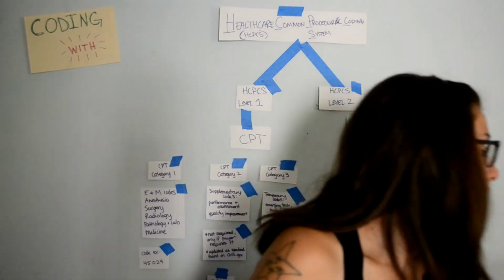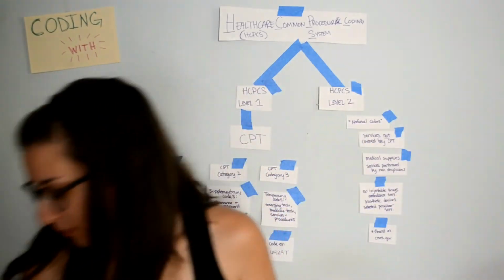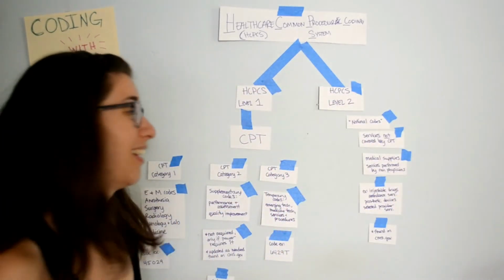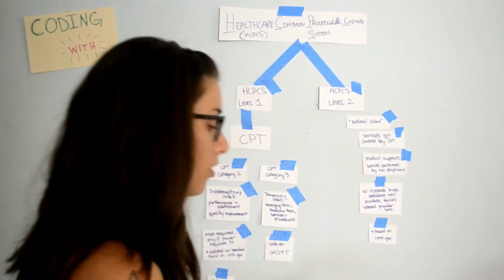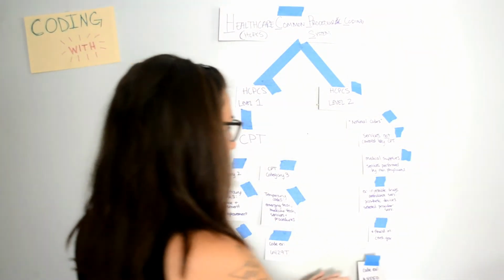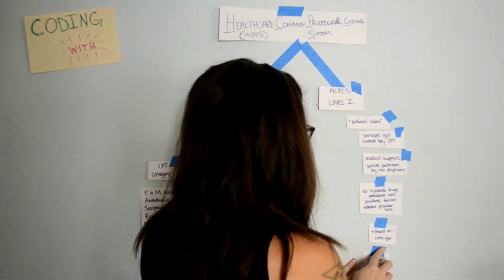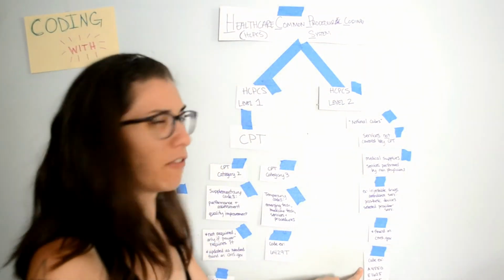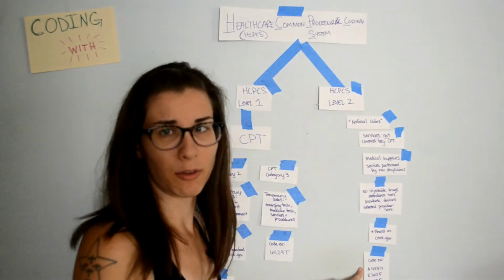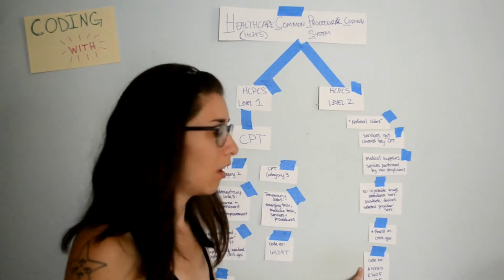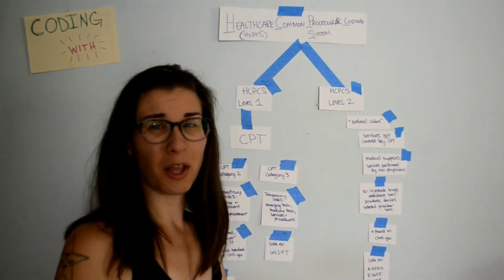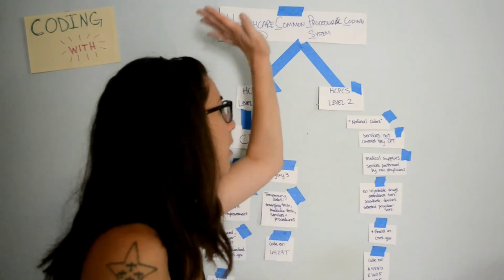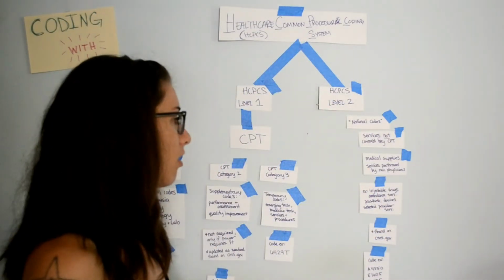I don't know. But anyway, the HCPCS level 2 codes would look like this. The first digit is whatever alphabetic letter, and then the next 4 are all numbers. So that's what HCPCS level 2 codes look like.